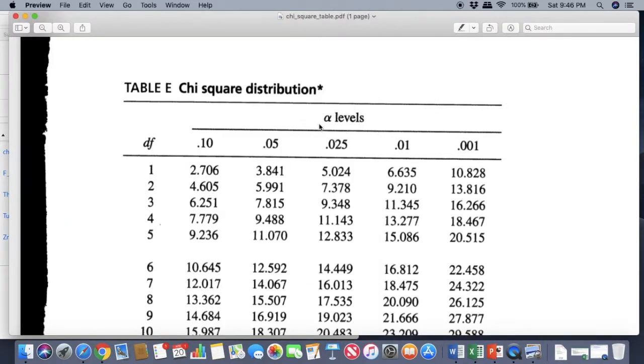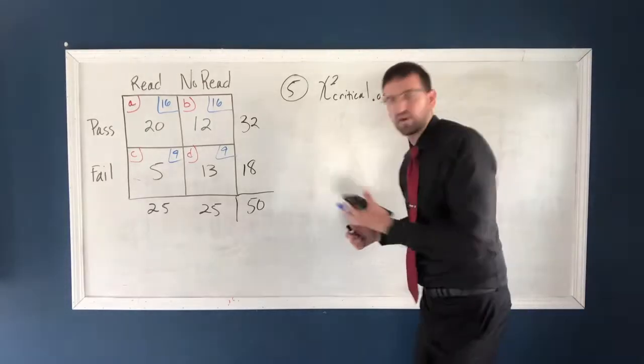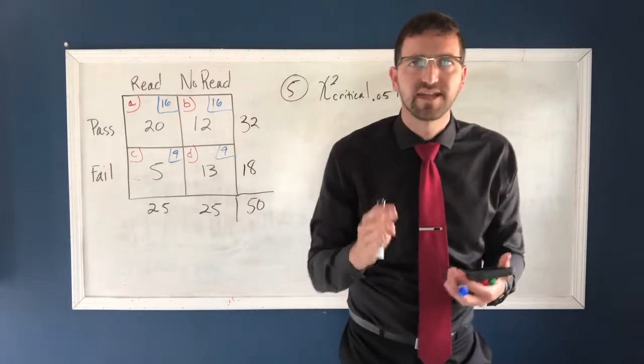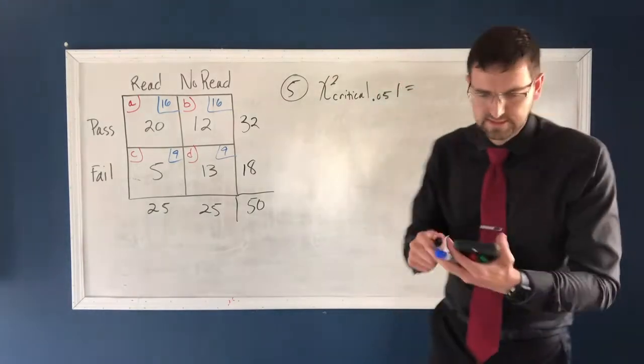So let's identify our alpha level. Our alpha level is 0.05, and we have 1 degree of freedom. Okay, so our chi-squared critical value is 3.841. Okay, great. So we figured out what the chi-squared critical value is.